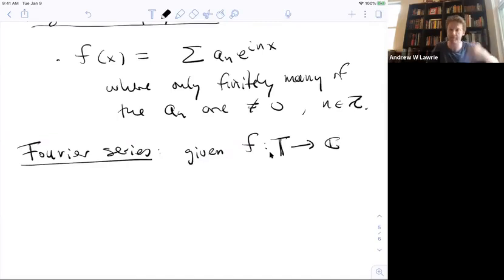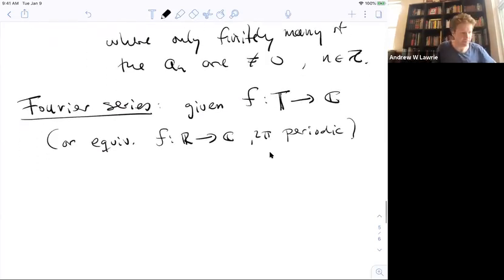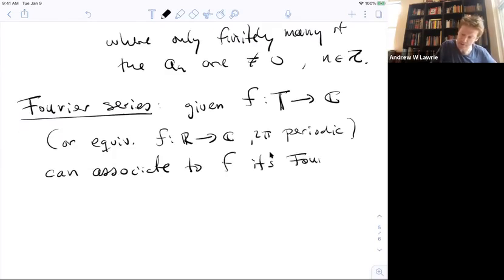So given f from T to C, or equivalently a 2 pi periodic function, and after this I'm going to completely abuse notation by using the same letter for either. Given such a function, you can associate to f its Fourier series.